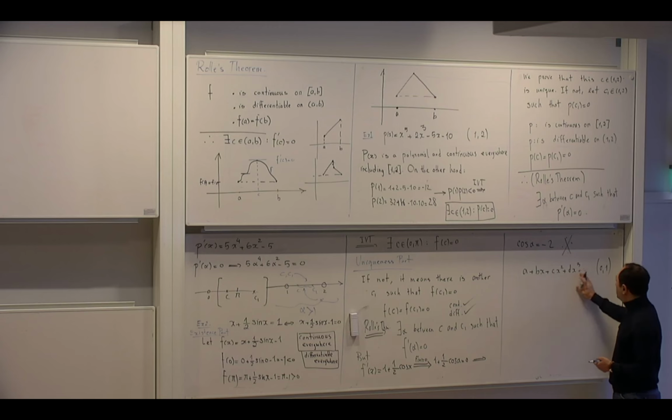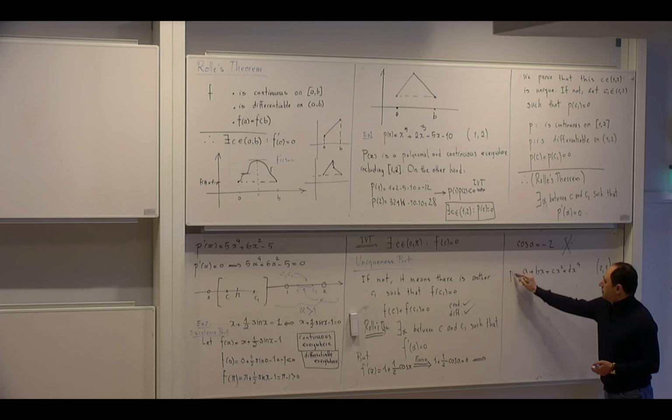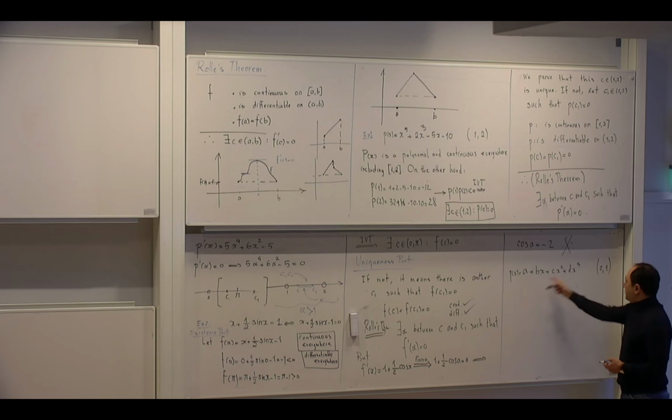You introduce a function, and then you say that this function is a polynomial, is continuous, and then you usually calculate p of 0, which gives a, and p of 1, which gives a plus b plus c plus d. For the intermediate value theorem to work, you need to confirm that these two numbers have different signs, which in this case is not that obvious.